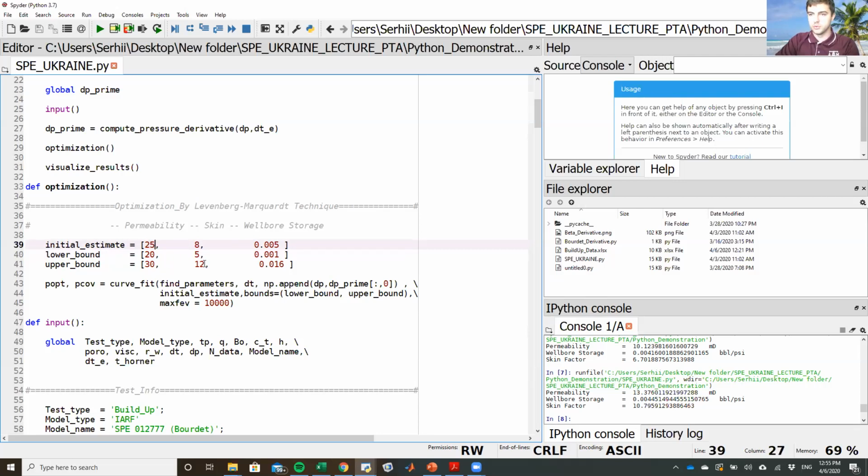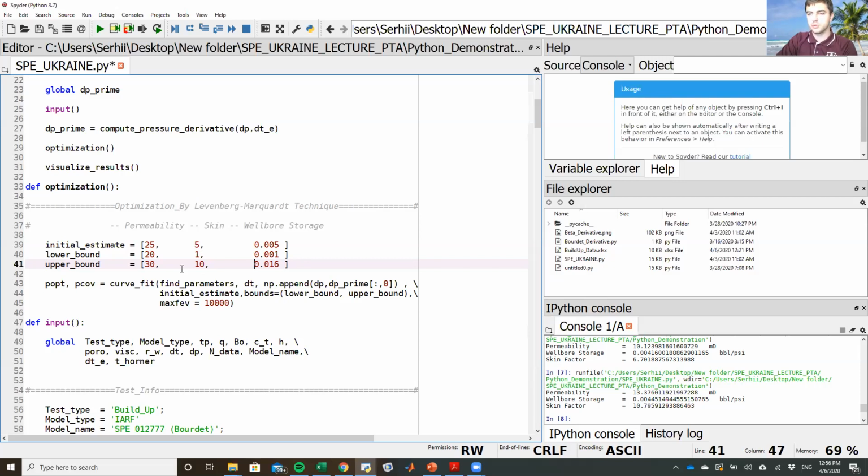And let's specify our skin factor as 5, 1, and 10. Since we didn't try to optimize yet, it's very hard to predict what we're going to have, but based on the data we saw, we have some skin factor due to the significant hump there, and we have some wellbore storage coefficient, so I'll just stick with those parameters here.